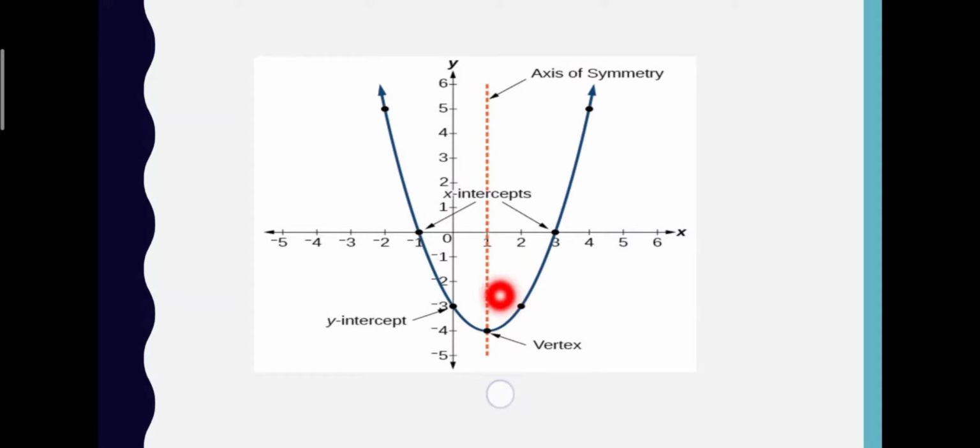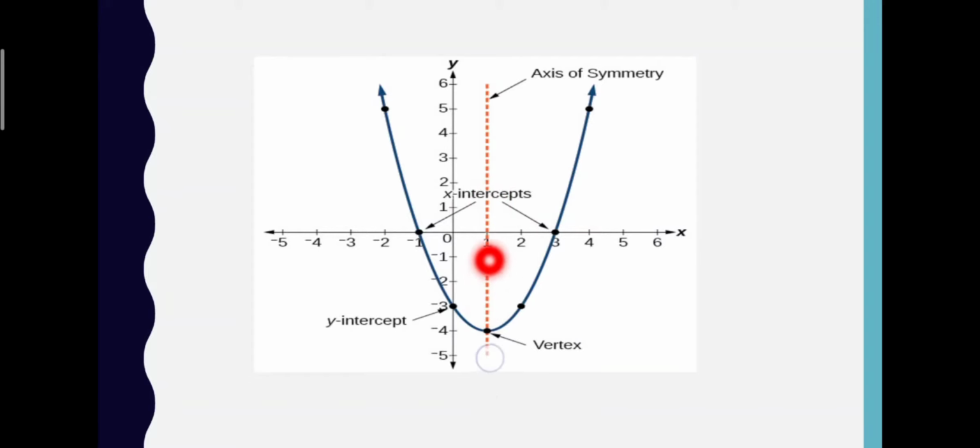This axis of symmetry, whatever number it passes on the x-axis, this is the x-axis, and this one is the y-axis, whatever number the axis of symmetry passes through, that is the h.